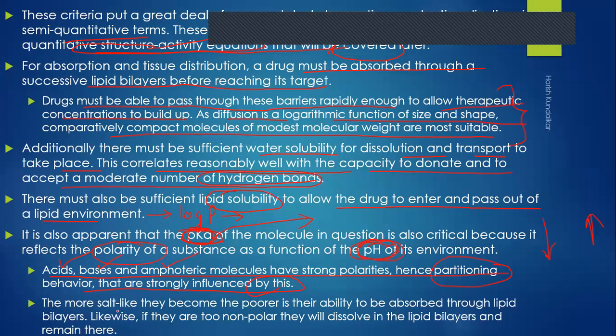And the more salt-like they become, the poorer is their ability to be absorbed through the lipid bilayers. Likewise, if they are too non-polar, they will be dissolved in the lipid bilayers and they will remain in there without getting absorbed or without having their effect, without being biodistributed throughout the body. So that is how Lipinski's rule of five holds true even in today's date.